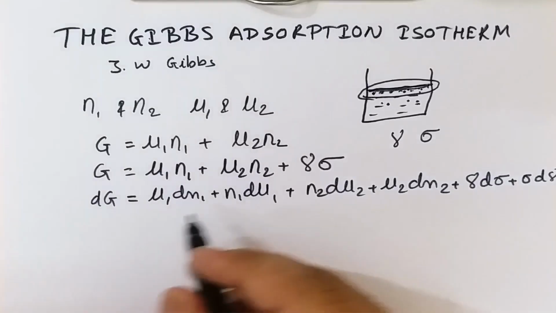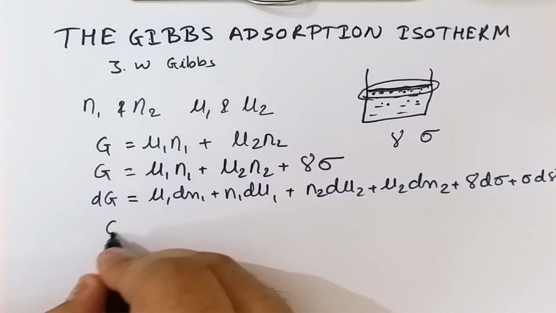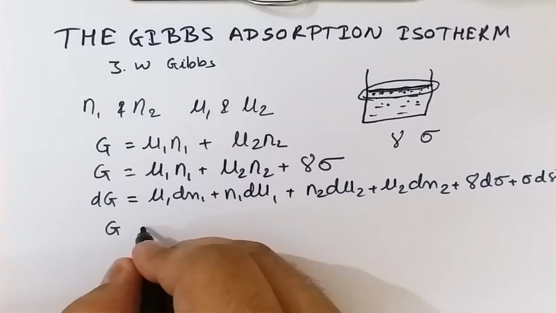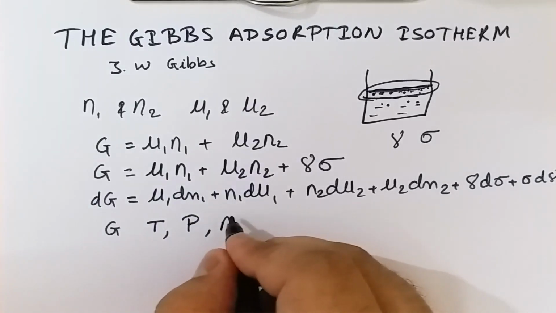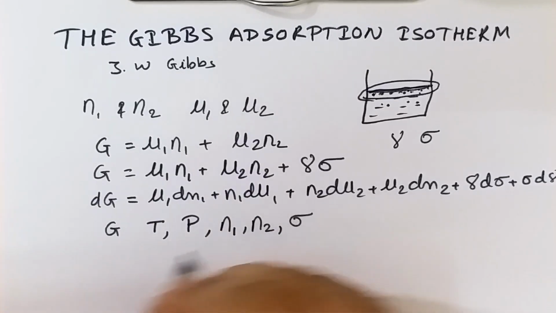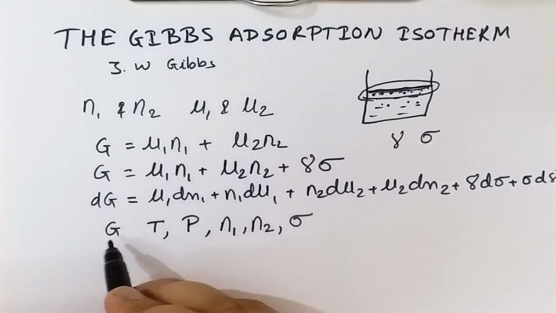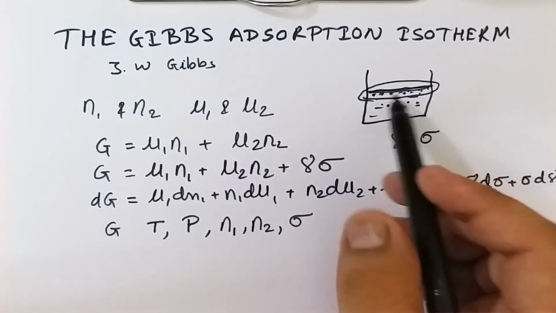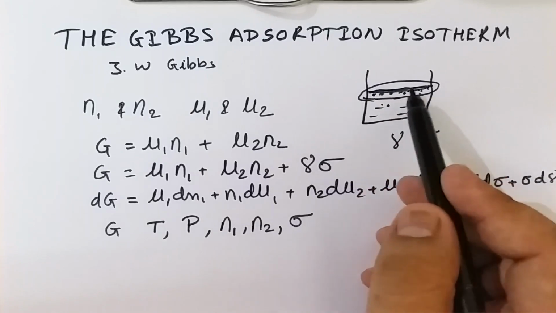Now when we look at this expression, we may see that the free energy is dependent on 5 independent variables: temperature, pressure, the number of moles of the first component n1, of the second component n2, and the surface area. If we change the temperature, the number of molecules on the surface will change.